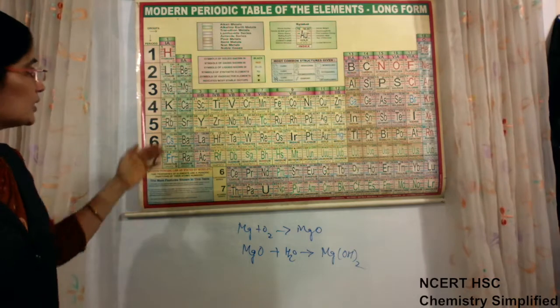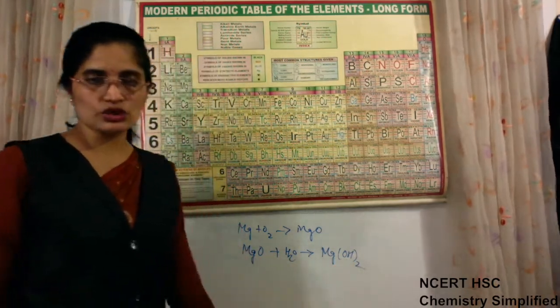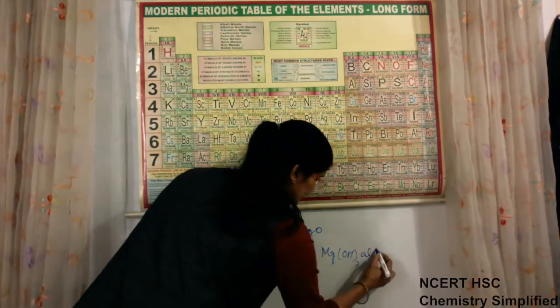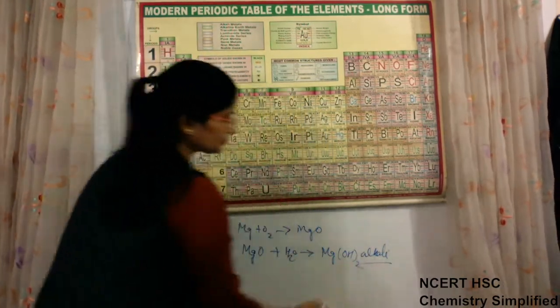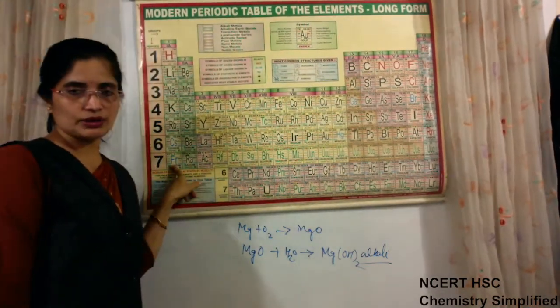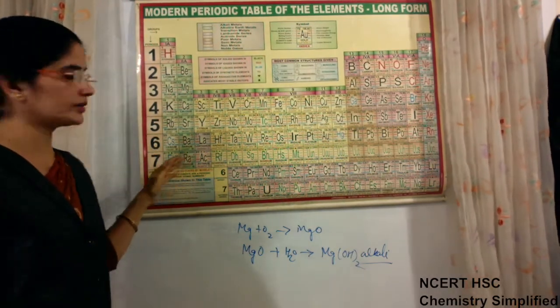Bases like Mg(OH)2 are bases. Those bases which are soluble in water are known as alkali. So these are alkali metals because the metals of this group form alkali when dissolved in water.